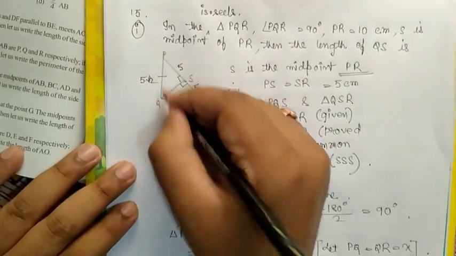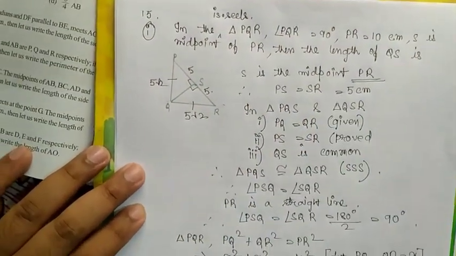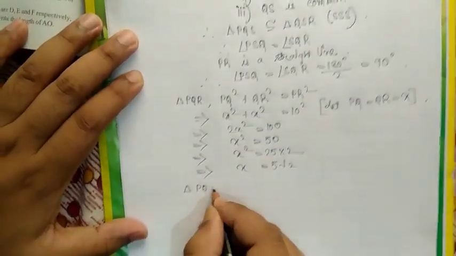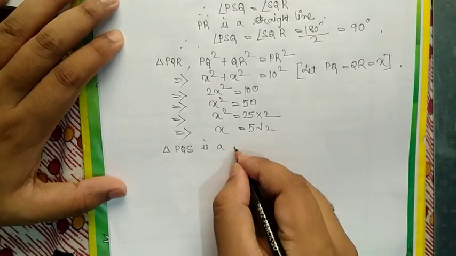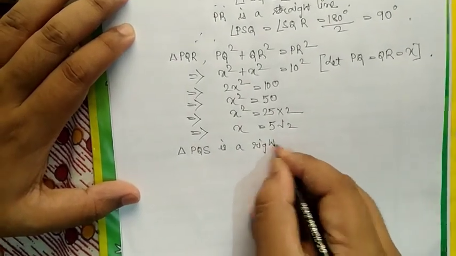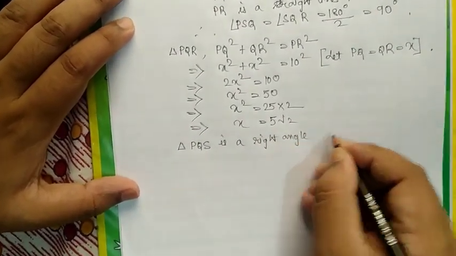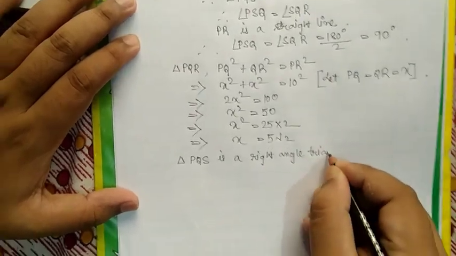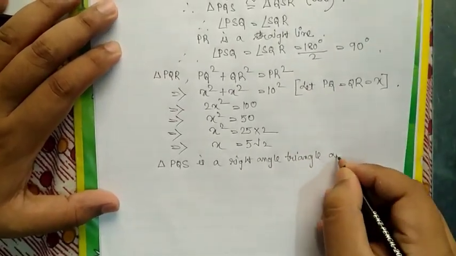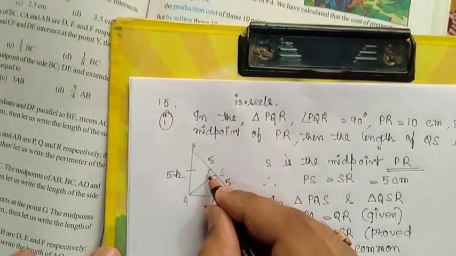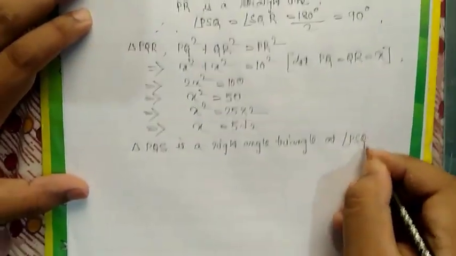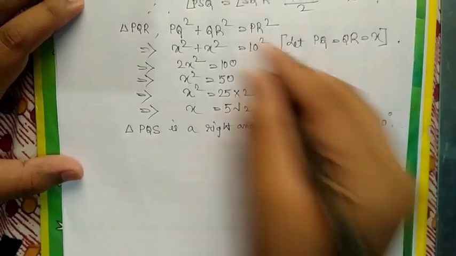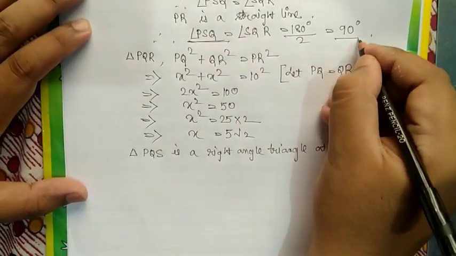PQS is a right angle triangle, with angle PSQ equal to 90 degrees, which I proved previously.